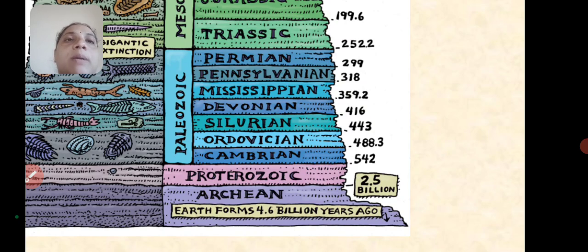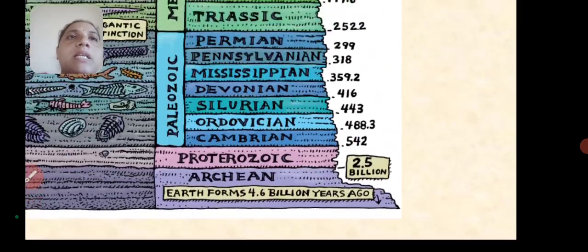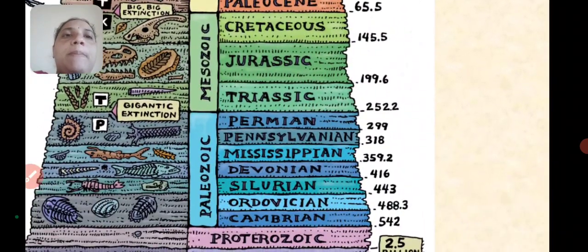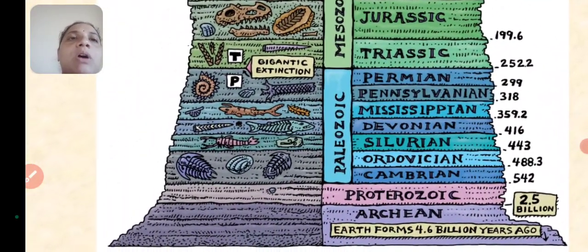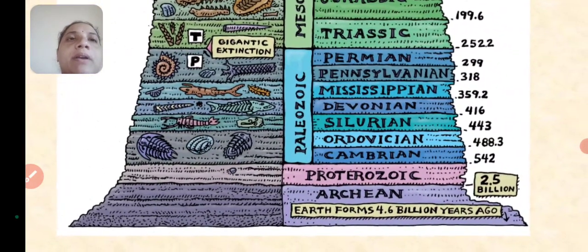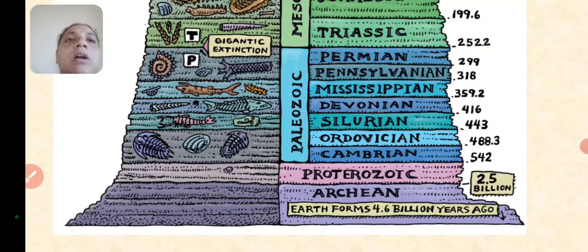In the Paleozoic, there are Cambrian, Ordovician, Silurian, Devonian, Mississippian, Pennsylvanian and Permian. These are the sub-periods in the Paleozoic era. In the Paleozoic era, on the left side, you have to observe that few of them are endangered and few of them are formed. In this picture, we are looking at some fishes and water animals.